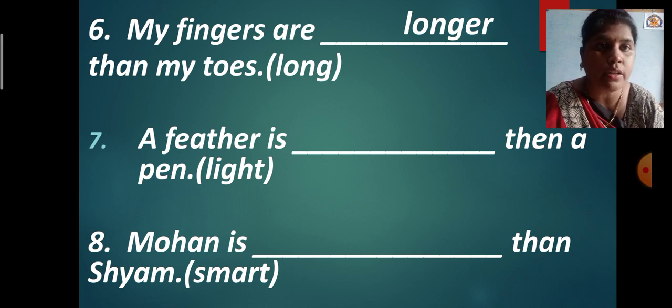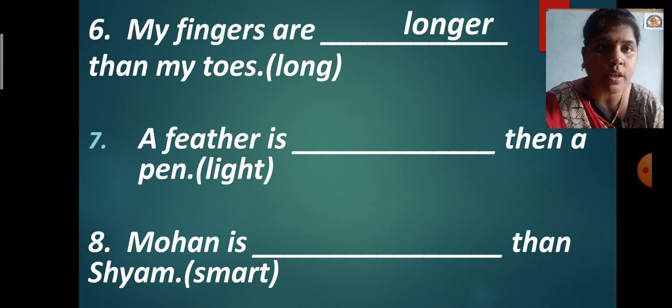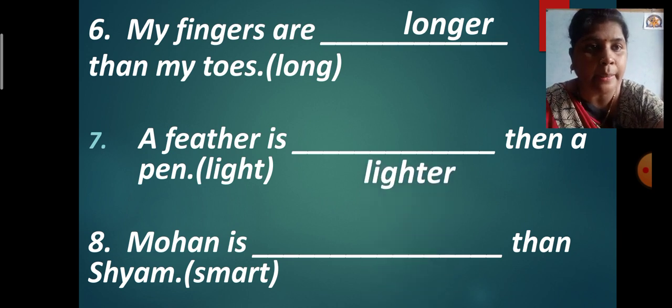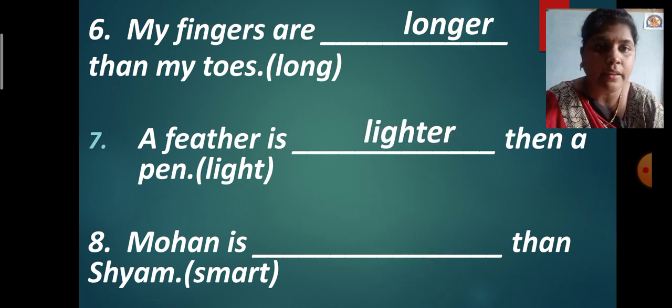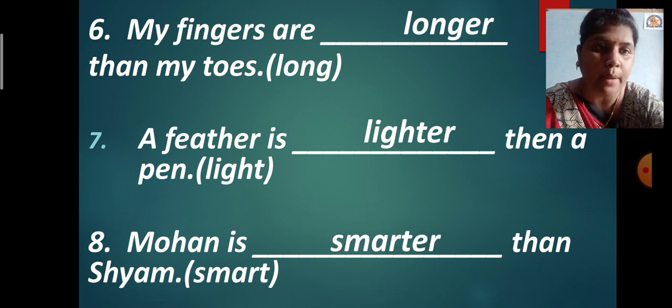Here it should be than, it is a print mistake, so don't concentrate on that. You have to just focus here. A feather is lighter than a pen. Now number 8, Mohan is blank than Sham. In bracket the word smart, so we have to add er here. So Mohan is smarter than Sham.